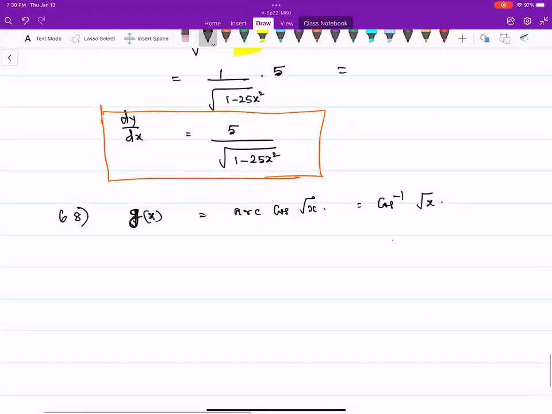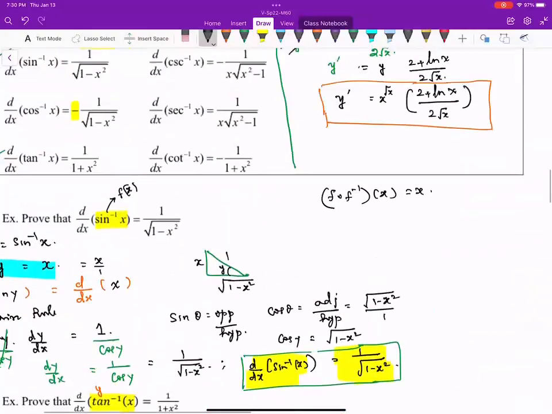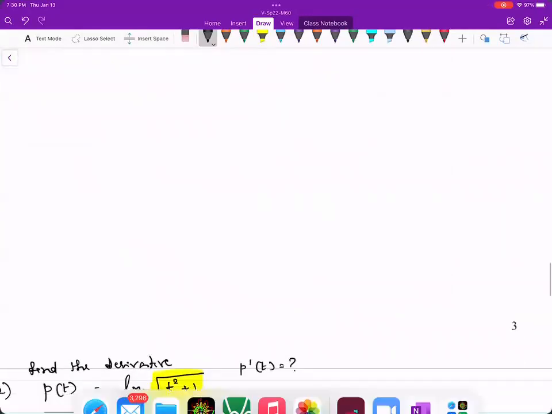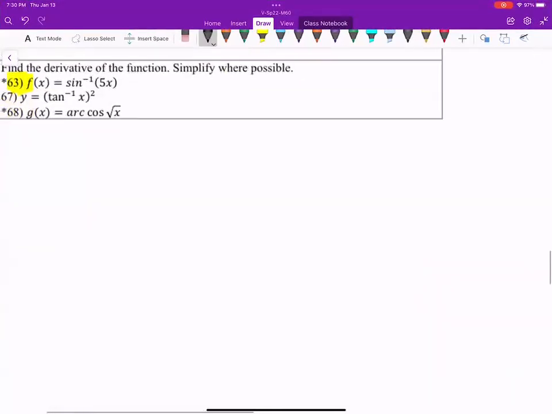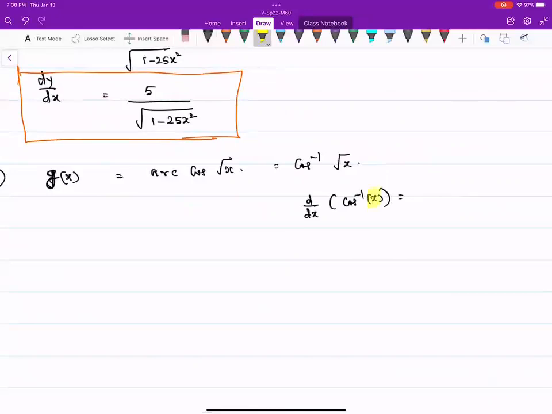So as we do the derivative of cosine inverse of x from the table, if you look at the table, it is negative 1 over square root of 1 minus x squared, the second one. So if you have cosine inverse of something, it is negative 1 over square root of 1 minus the square of that something. Then what else you want to know?